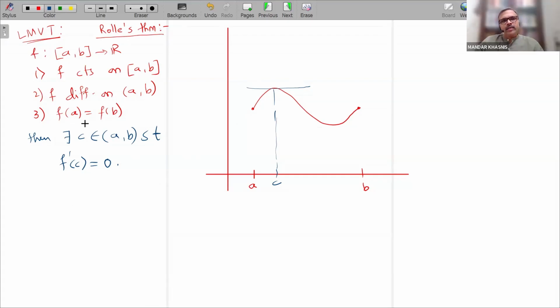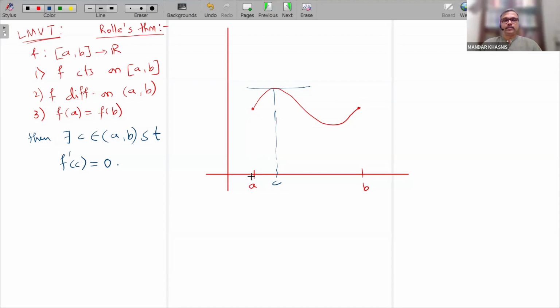But the point is, you already have F of A equal to F of B. If you have a point of maxima or minima at the end point, then F of A equal to F of B, what will that mean?